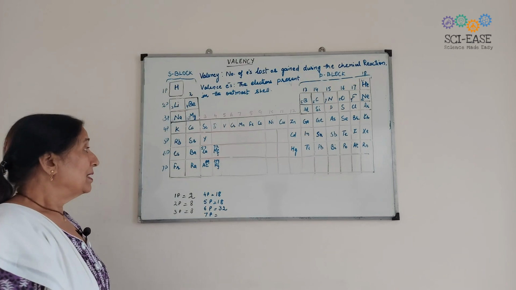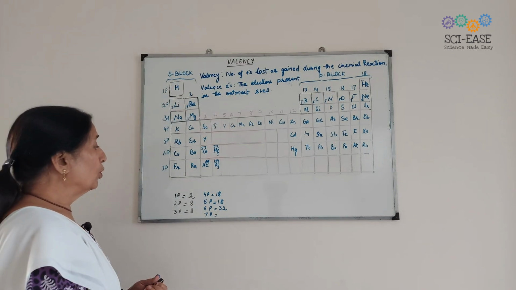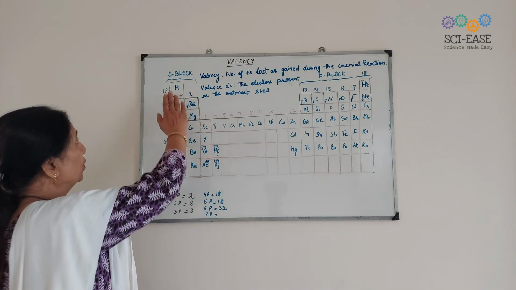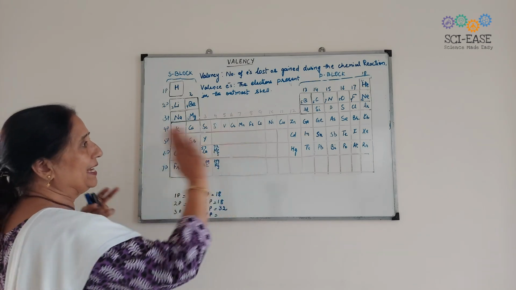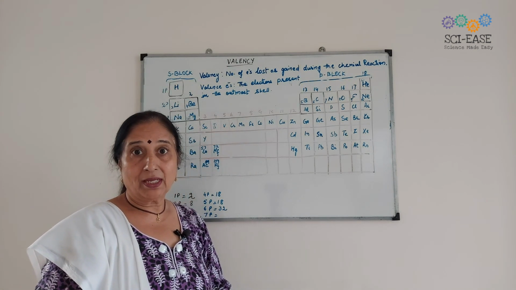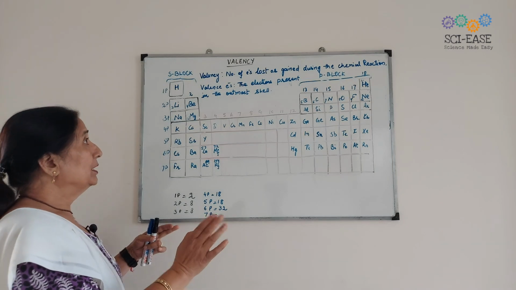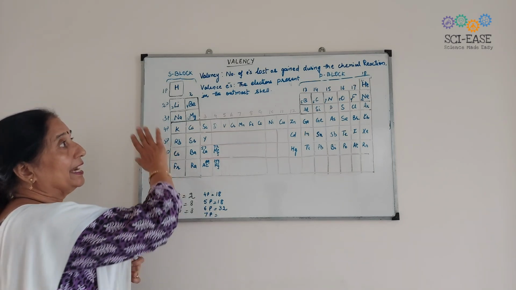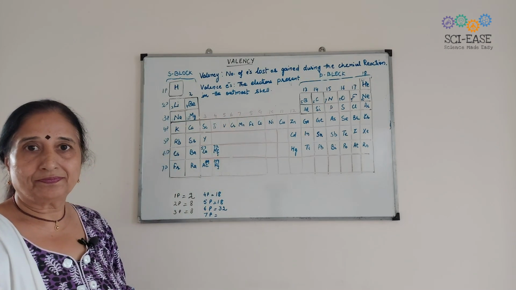Now, you know about the number of the elements which are present in the 7 periods. I have told you that there are 18 groups.